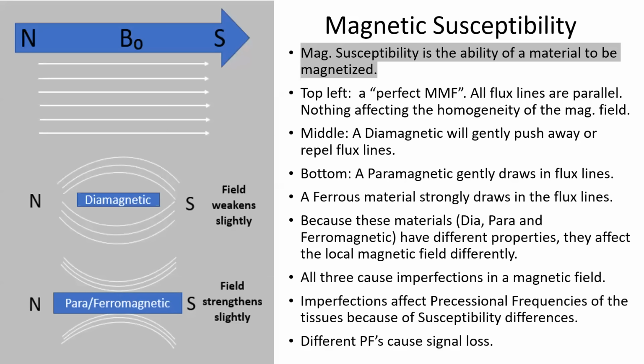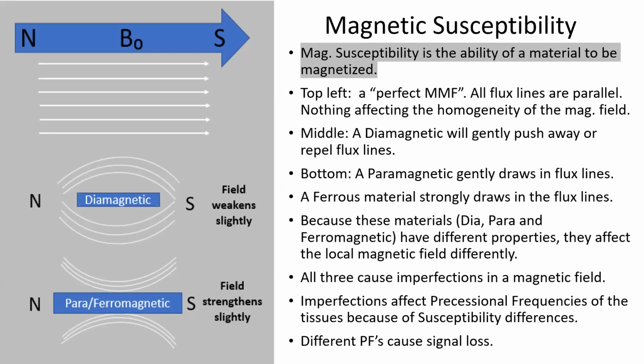Magnetic susceptibility. That is the ability of a material to be magnetized. I went over this a little bit when I started talking about gradient echoes. So top left, the B0 is perfect. Everybody's nice. There are no little wavers. The gradient field is very homogeneous.